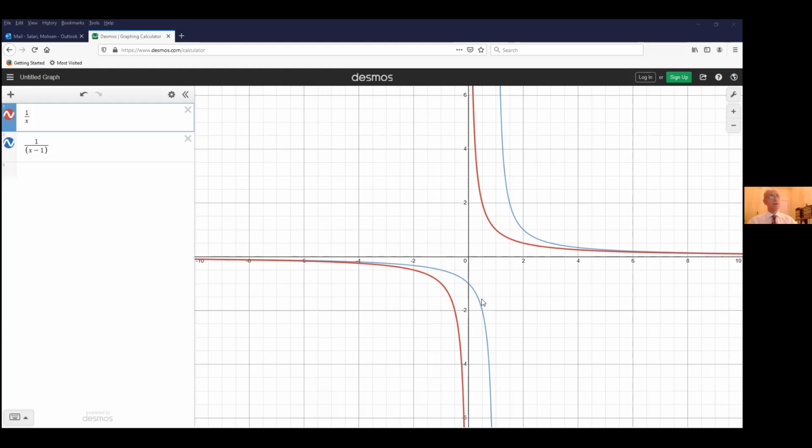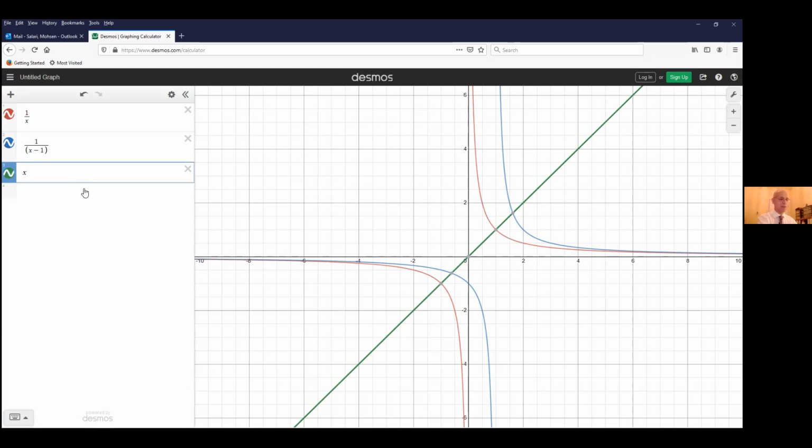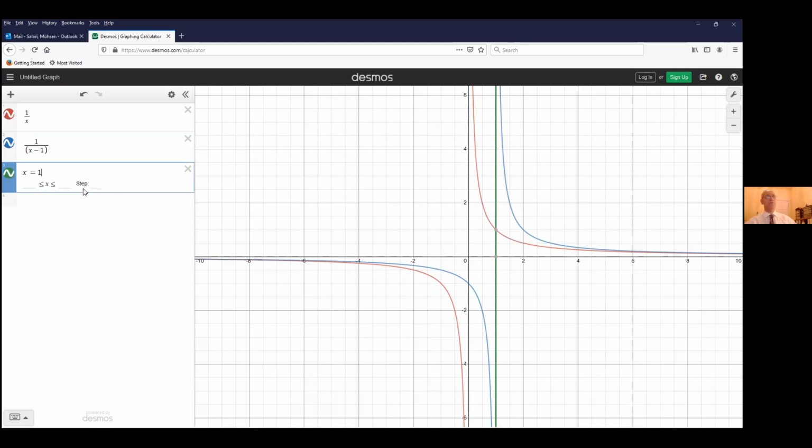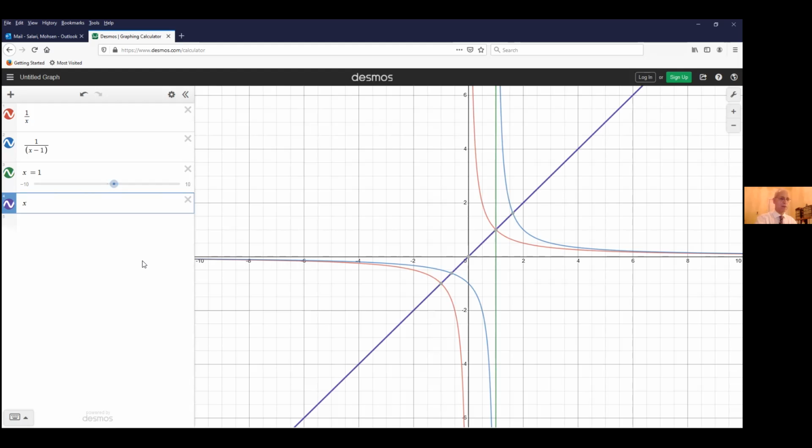It would be very powerful if I could somehow, give me a chance, maybe I can do this. Let's see, how about if I say x equals 1? Oh yeah, look at the green one. And if I go to the next one and go x equals 0.